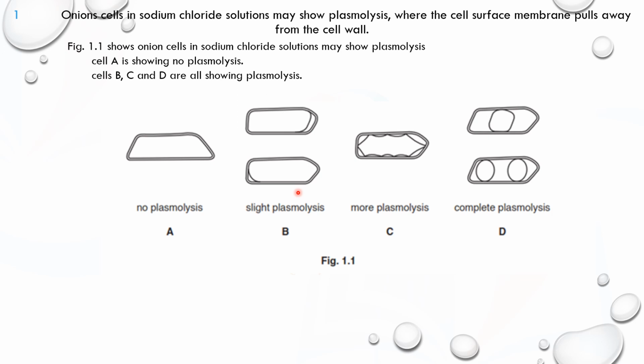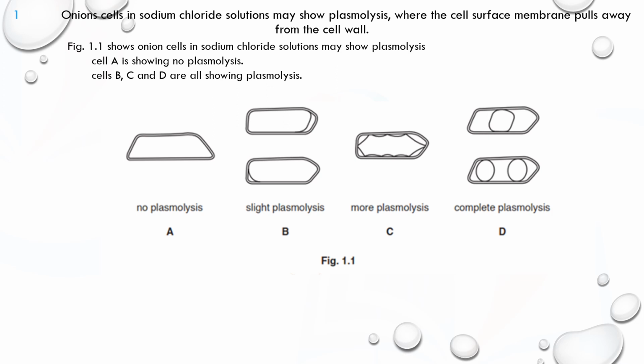So why does the cell membrane detach from the cell wall? This happens when the cell loses water, when a cell is placed in a solution that has lower water potential than the cell content. Water leaves the cell, and the more water leaves the cell, the more the cell plasmolyzes. So I have a theory for you, a hypothesis.